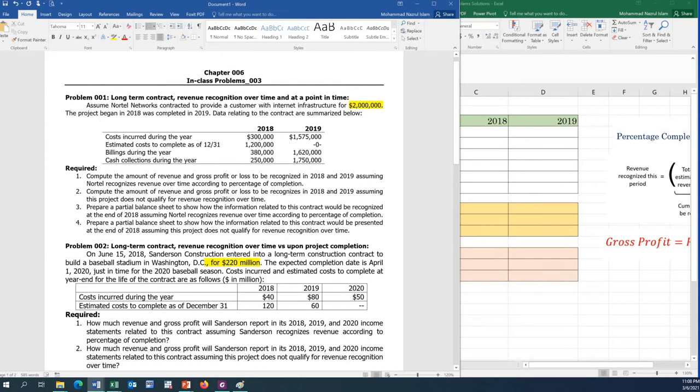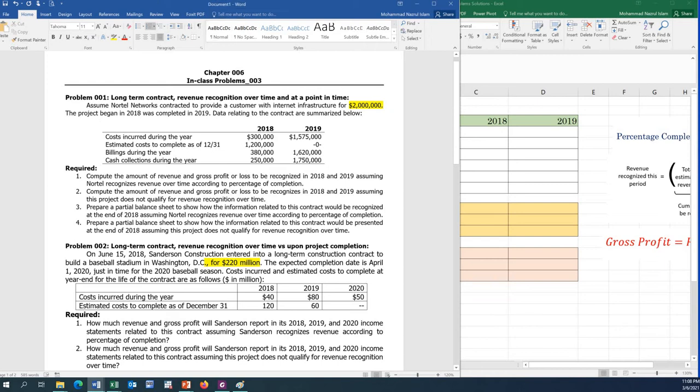The problem says, assume that Nortel Networks contracted to provide a customer with internet infrastructure for 2 million. The project began in 2018 and was completed in 2019. Data relating to the contract are summarized below: the cost incurred during the year, estimated cost to complete, billings during the year, and cash collections during the year.